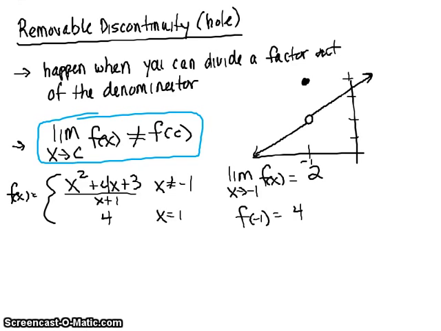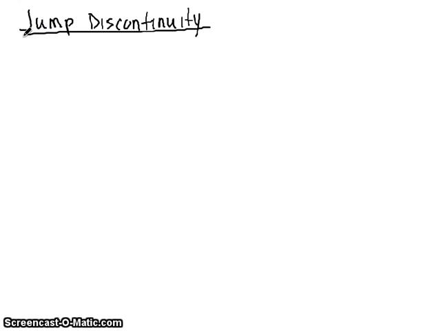The second type of discontinuity is going to be a jump discontinuity. And this one is not going to be dependent upon a 0 in our denominator. This one's going to happen exclusively with piecewise functions.